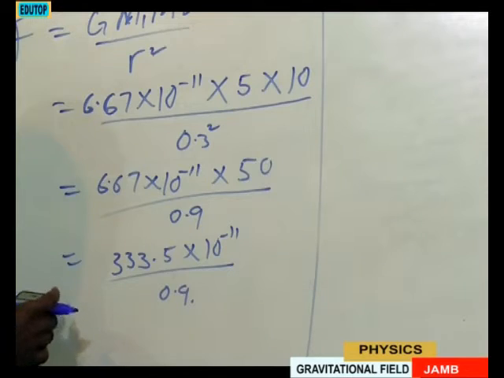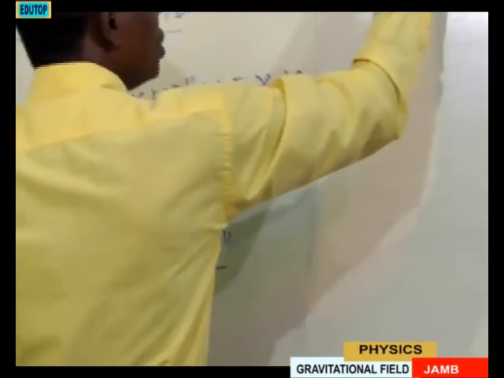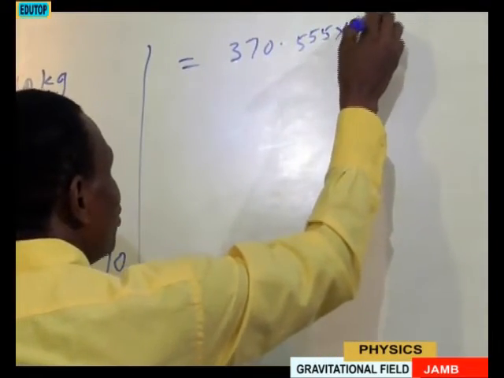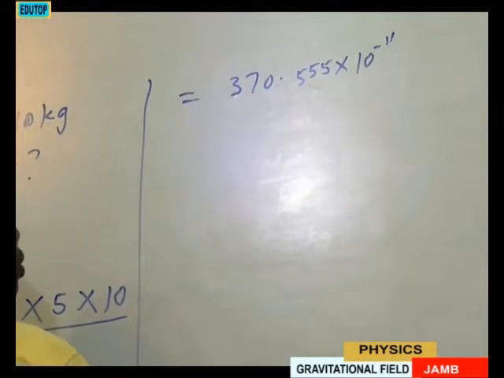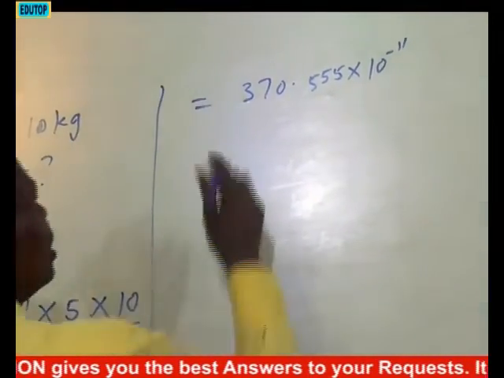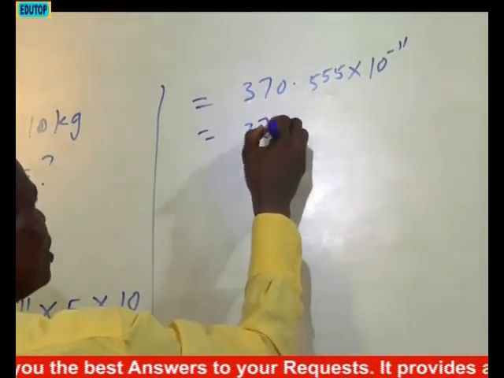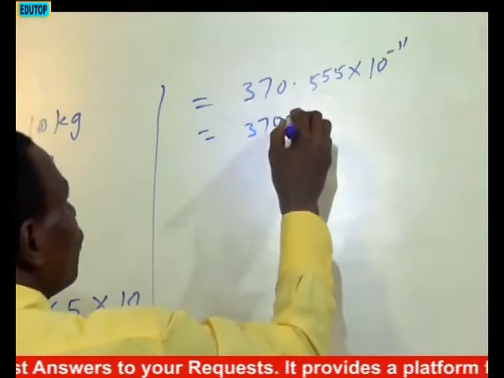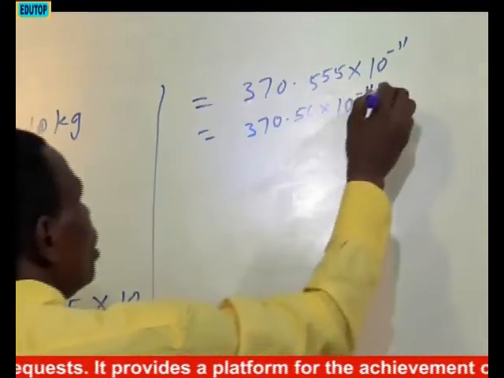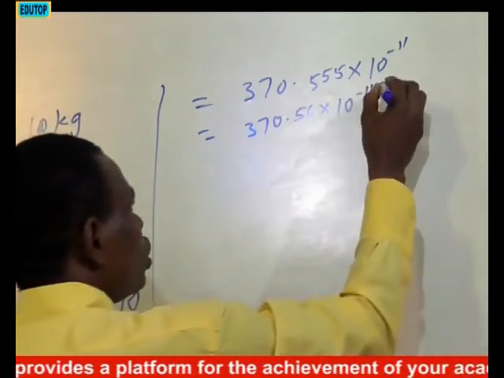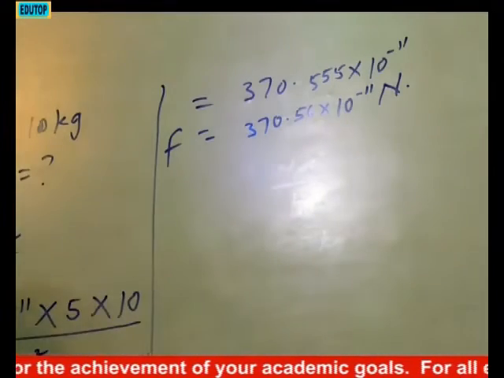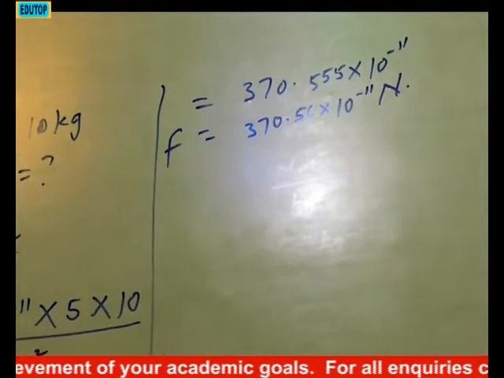We have 370.555 times 10 to the power minus 11. Then, what can we derive from there? You can easily say this is equal to 370.56 times 10 to the power minus 11. We are calculating for force, which is going to be in Newton. That is the force of attraction between the two masses.